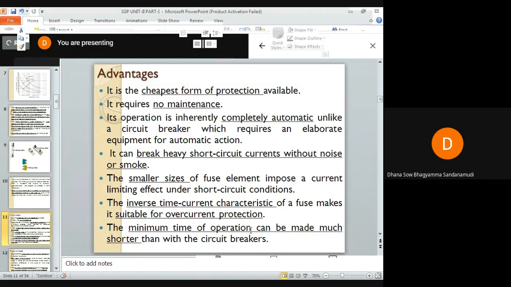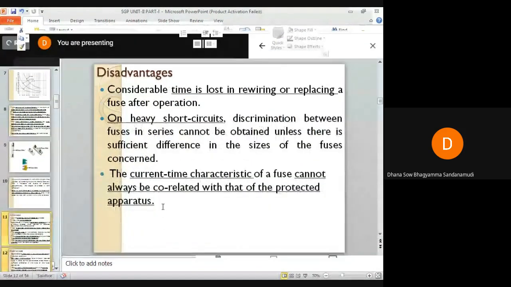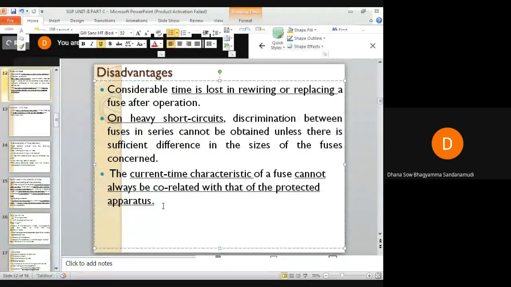It is available in smaller size, and it has inverse time characteristics, which makes it suitable for overcurrent protection, and the time of operation can be made as short as possible than that of a circuit breaker. If heavy faults occur, the time taken by the fuse to melt should be as low as possible.